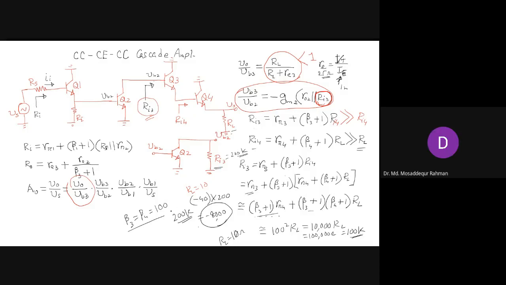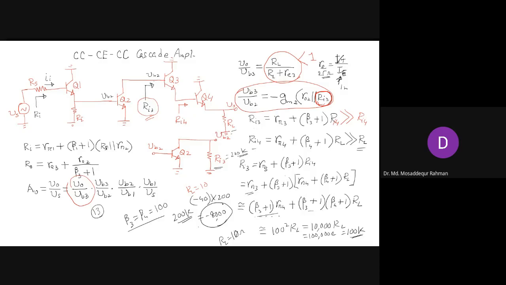So in the last example, where we had only one common collector, we found only 13 or 10, 20. Now we have two common collectors in series, and we are able to increase it to the range of thousands, right?